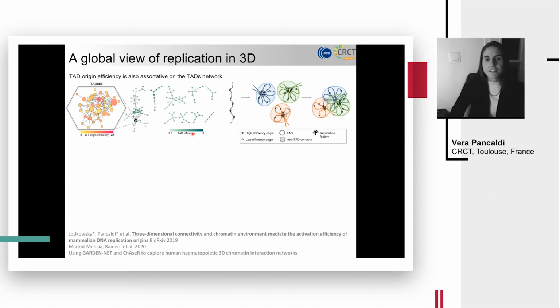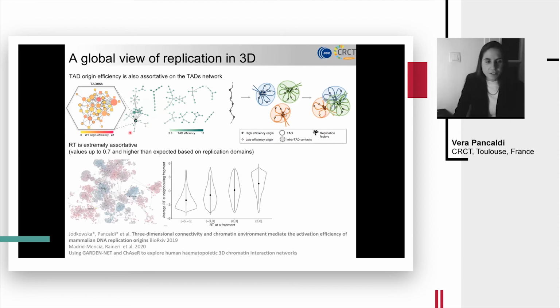So this really suggests that there is a small-scale organization of origins into replication factories, but that these factories would actually come into contact together across TADs to produce much larger replication structures.